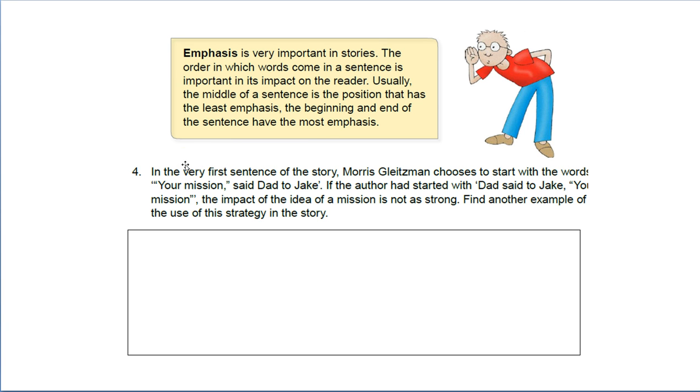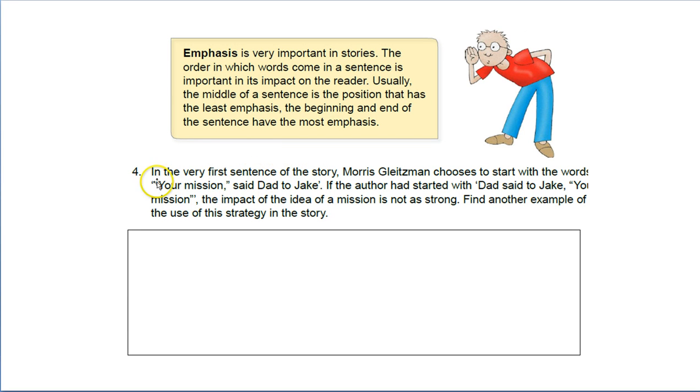Let's have a look at this one down here. In the very first sentence of the story, Morris Gleitzman chooses to start with the words your mission, said Dad to Jake. If the author had started with Dad said to Jake, your mission, the impact of the idea of a mission is not as strong. So find another example of this in the story where they've put information at the front of a sentence to emphasize a situation, a character, or a mood.